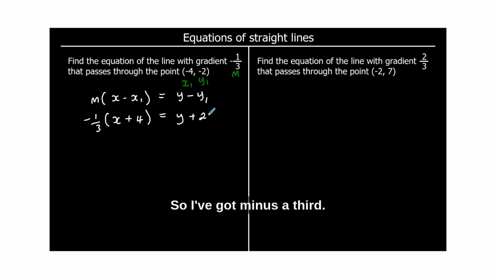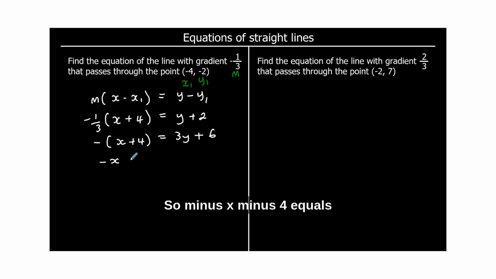So I've got minus a third. I want to get rid of the third, so I'm going to times both sides by 3. So I've just got minus 1 times x plus 4 equals 3y plus 6. Then I can expand this bracket. So minus x minus 4 equals 3y plus 6.